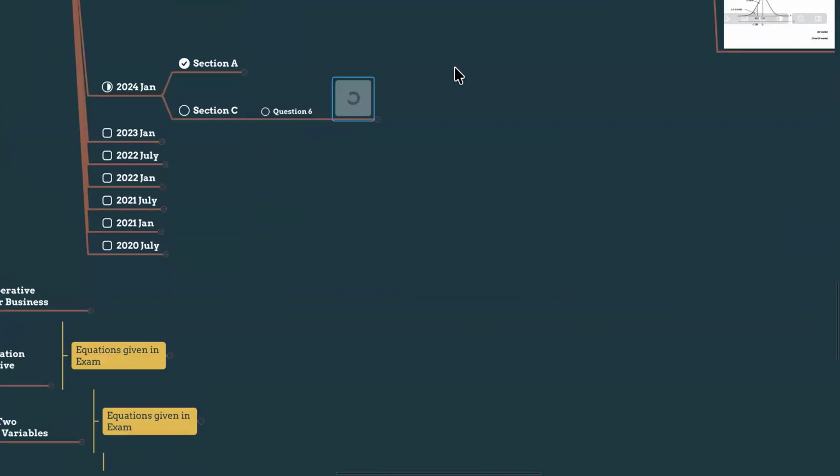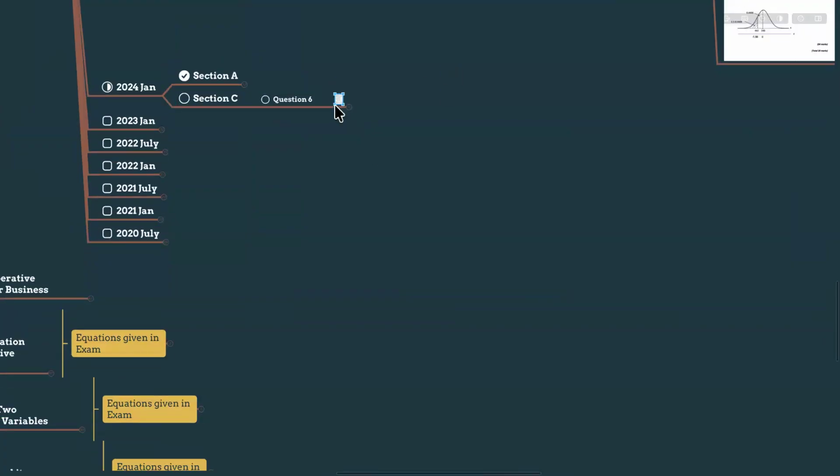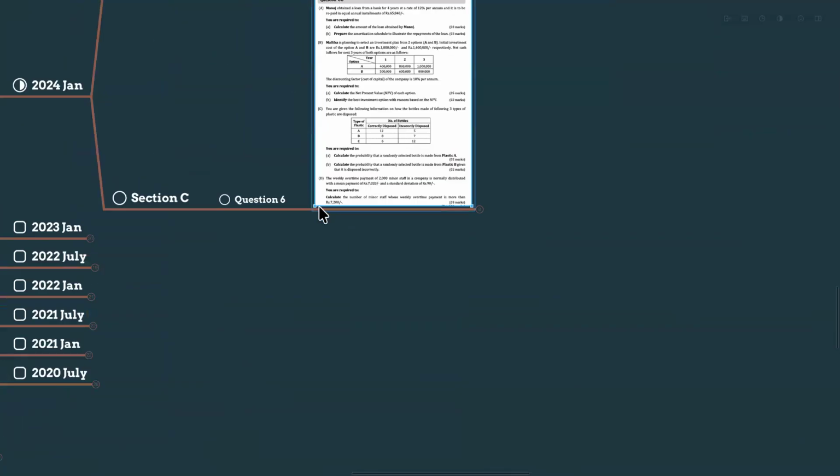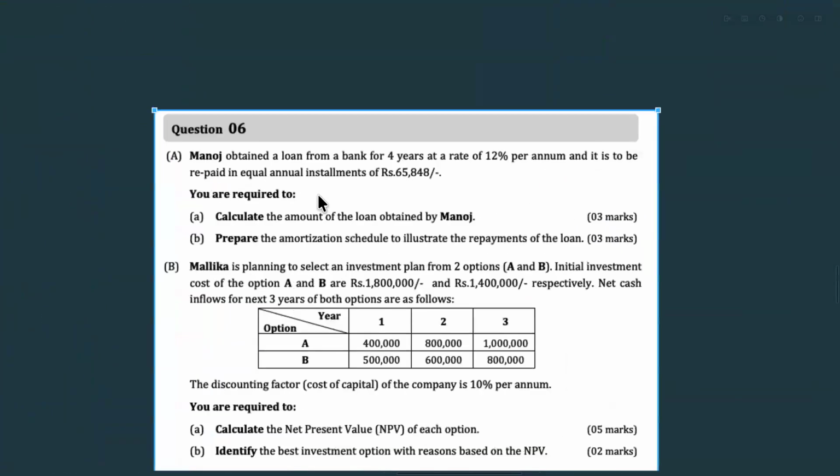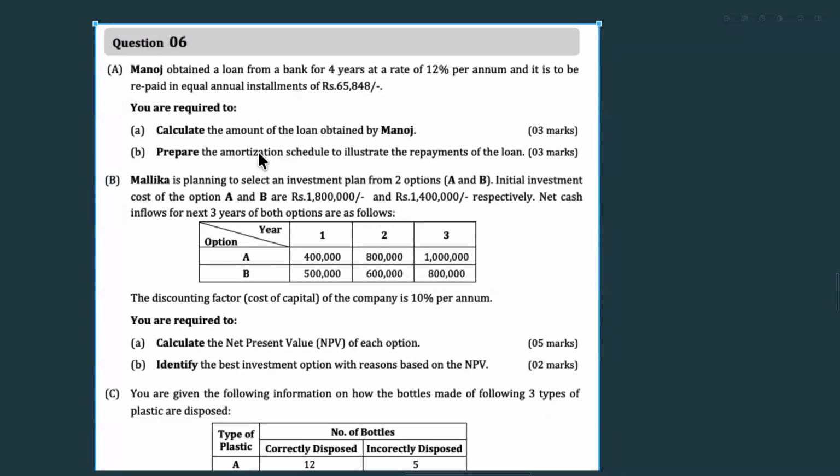And let's move to section 6 also. So here also they are the first one. Manoj obtained a loan from a bank for 4 years at the rate of 12% per annum. It is to be repaid in equal annual installments of rupees 65,848. Calculate the amount of the loan obtained by Manoj.